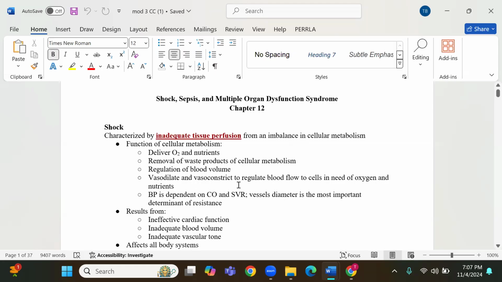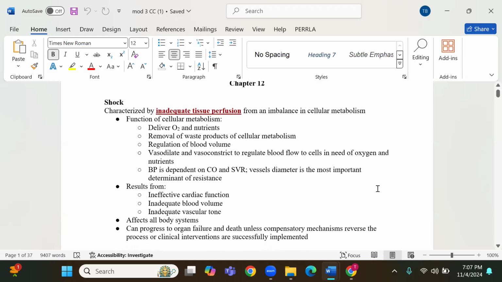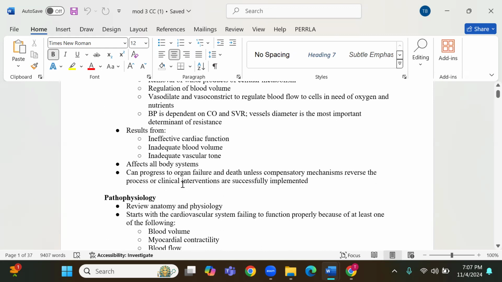The vessels vasodilate and vasoconstrict to regulate blood flow. So there's a lot going on when shock occurs, but mostly it's that blood isn't making it around the body for some reason. It affects all body systems and can progress to organ failure and death, unless the body tries to compensate or we do something to reverse it.